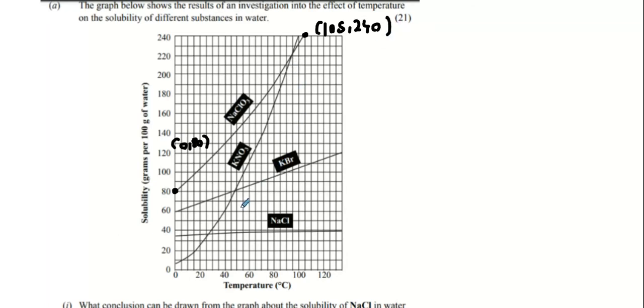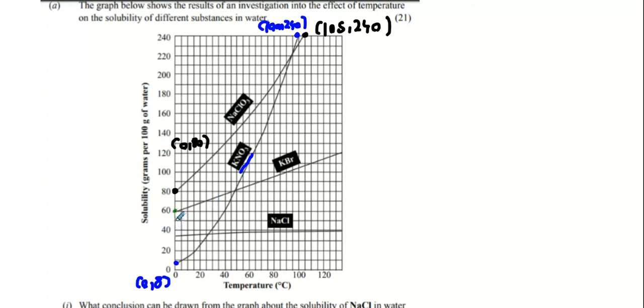All right, the next one is the KNO3, which I'll do down here. It's roughly at 0 degrees, about 8 grams of this salt can be dissolved in water. But at the very end, you see at 100 degrees, you can dissolve 240 grams of it. So it actually ends up better than the NaClO3.